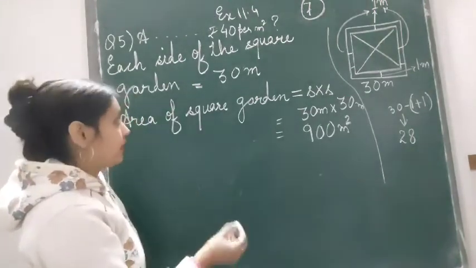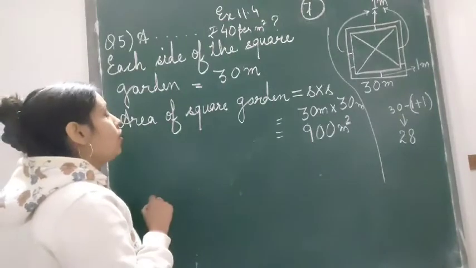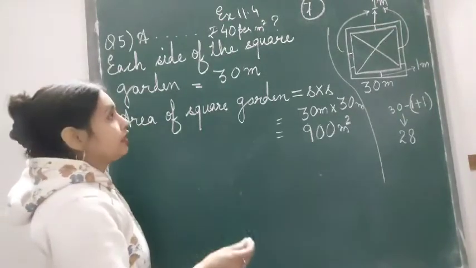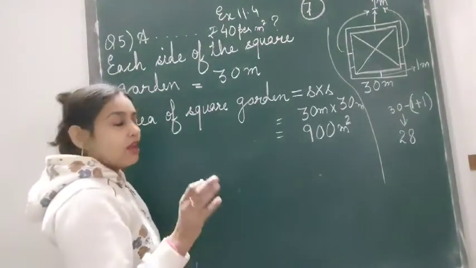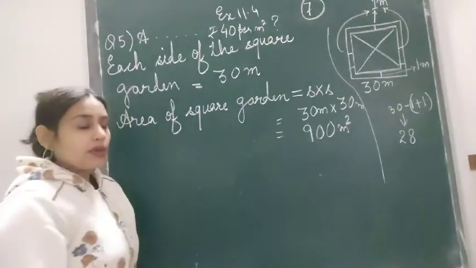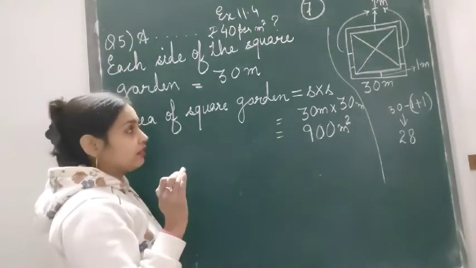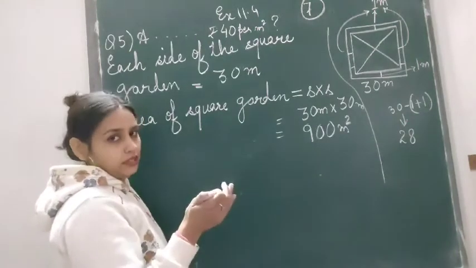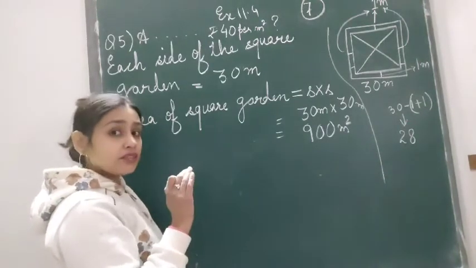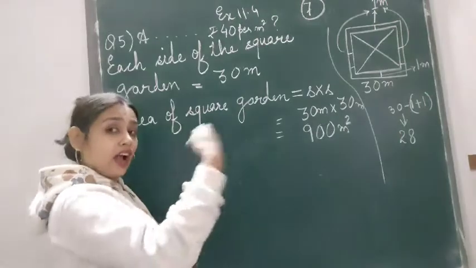Right? So now we will write each side of the square garden excluding the path. Up till now, the questions we were getting in this exercise mostly had paths constructed outside.